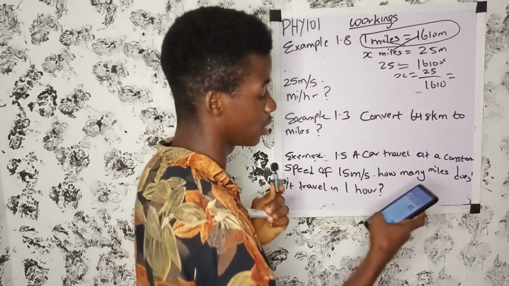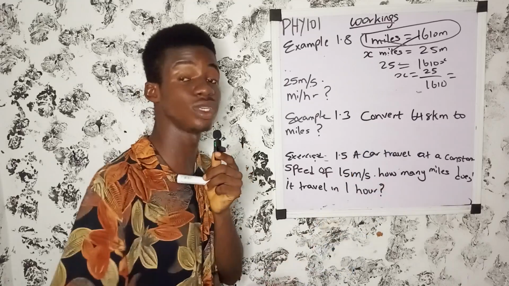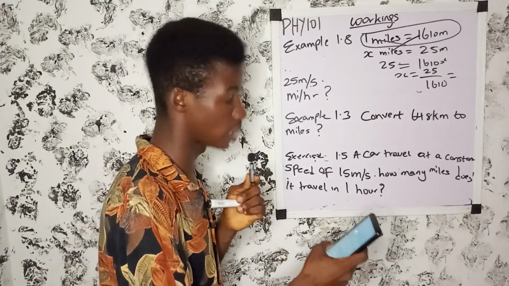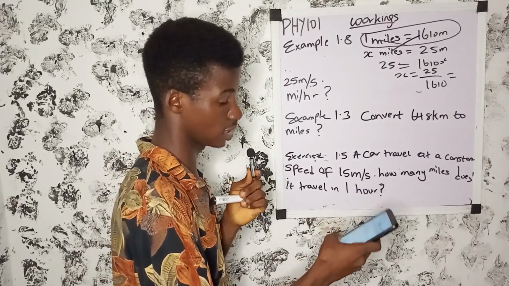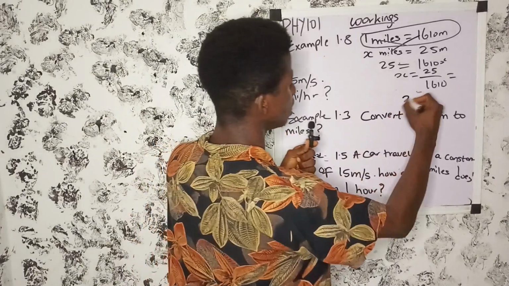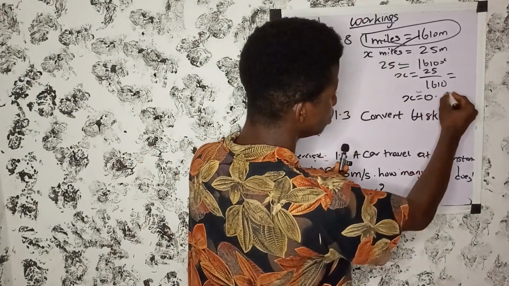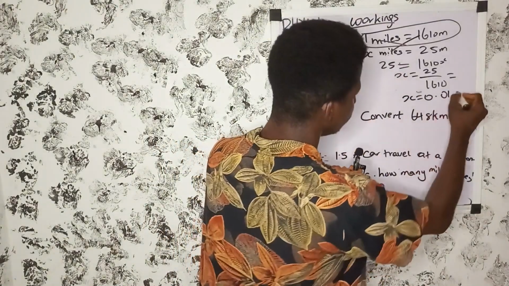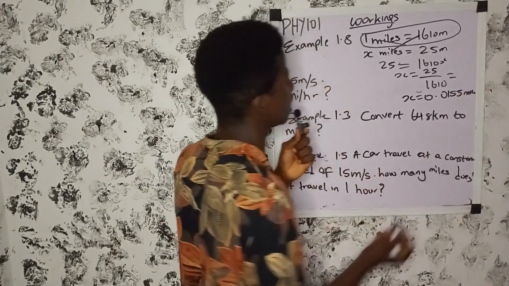So 25 divided by 1,610. Our answer is x equals 0.0155 miles.